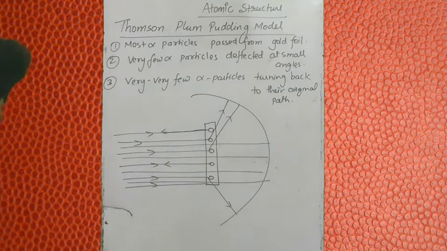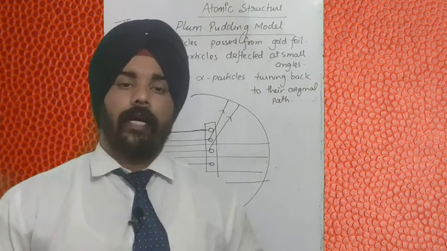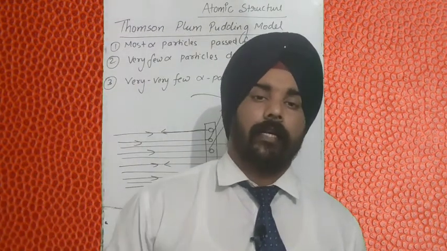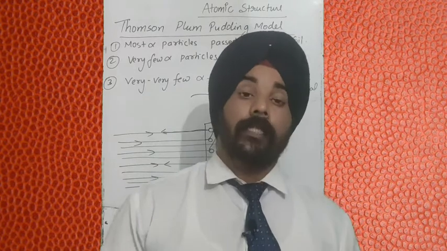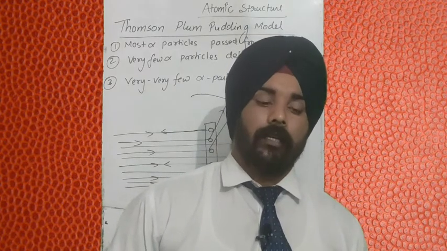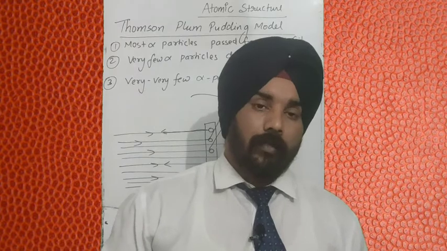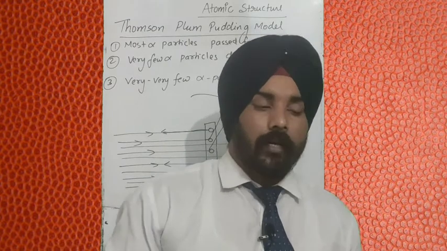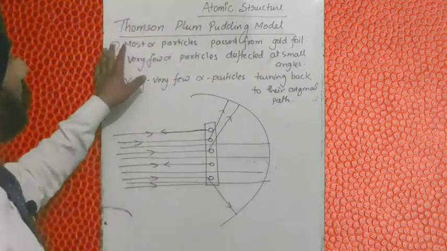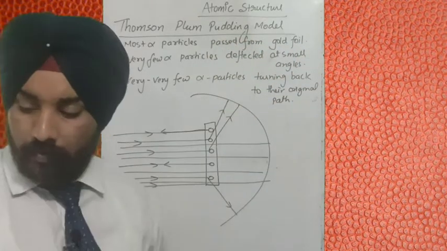Okay, these were the three observations that he took from this alpha scattering experiment, and on the basis of these three observations he drew his conclusions. The first conclusion: most of the alpha particles are passing through the gold foil.